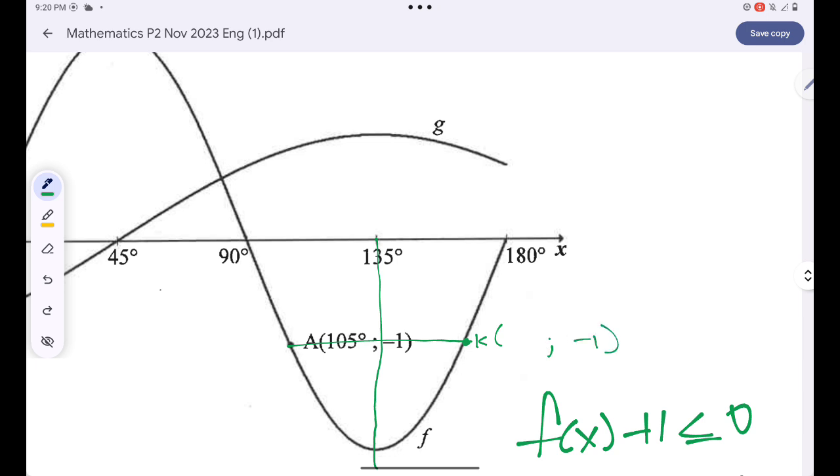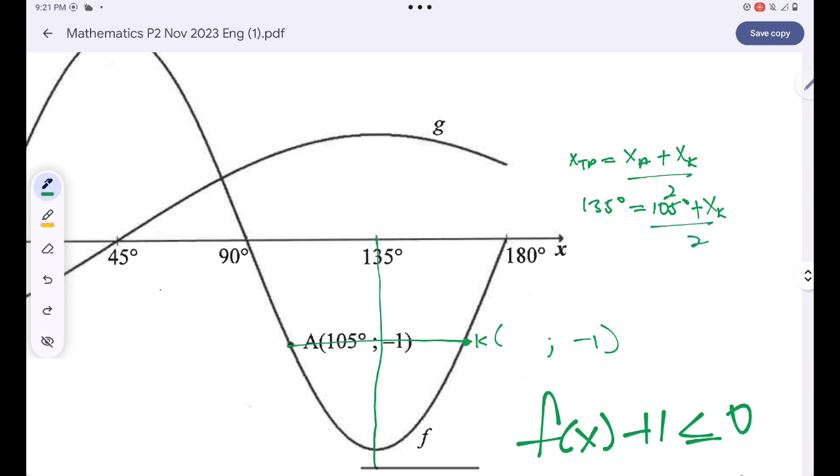For me to find the corresponding x value, I'll simply say the x value at the turning point is equal to the x value at A plus the x value at K over 2. So this is 135 equals 105 degrees plus the x value at K all over 2.